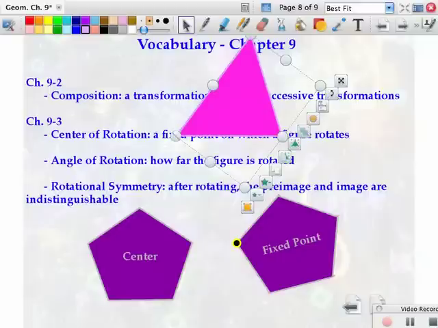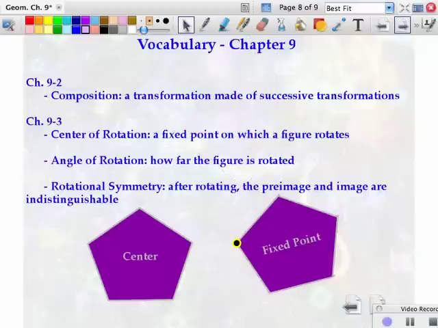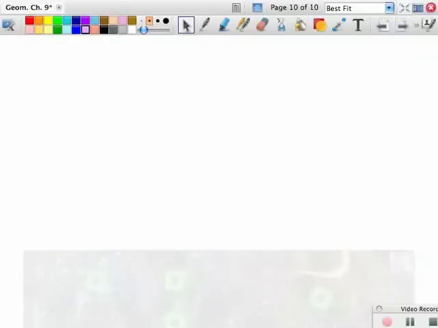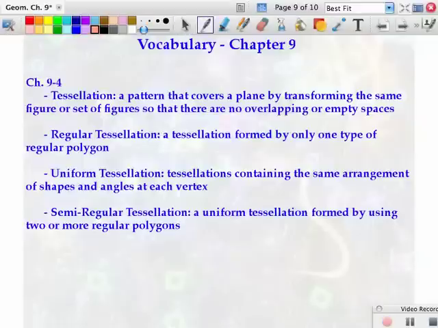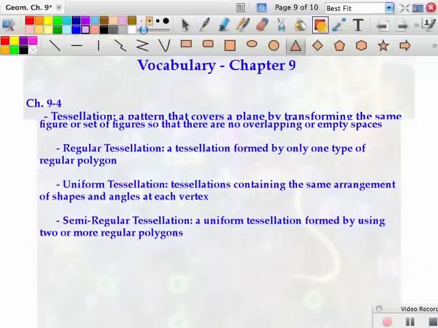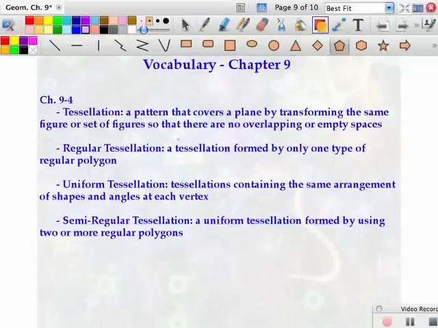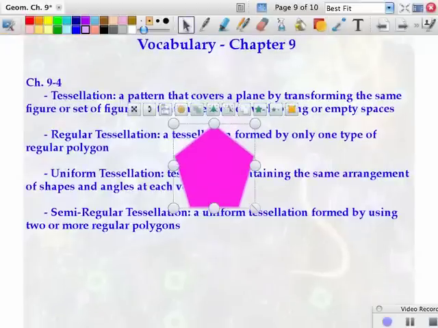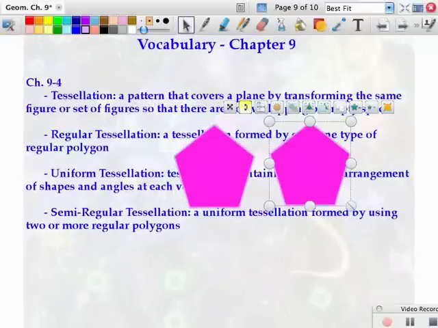All right, now look, I promise it's the last one. I know, exciting, right? Tessellations. You all have seen tessellations before. They're up in my room. So it's just a pattern that covers a plane, no overlapping. So if we took, for example, I take this pentagon and I copy it. And I'm going to turn it a little like this so that the sides meet up.